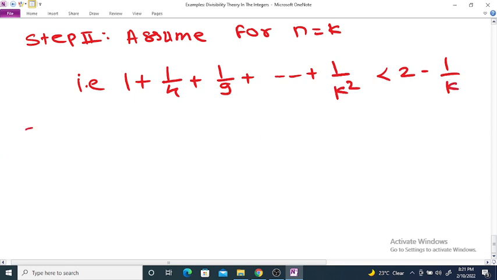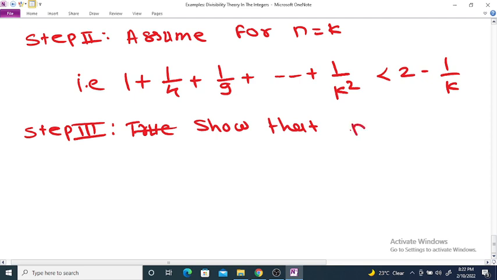And step number 3, the inductive step: we want to show that the result is true for n is equal to k plus 1.